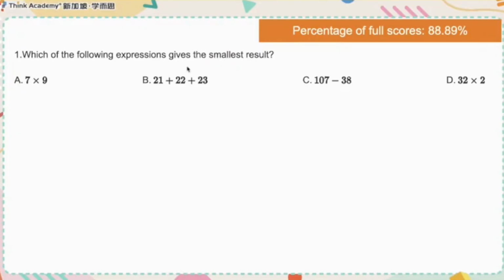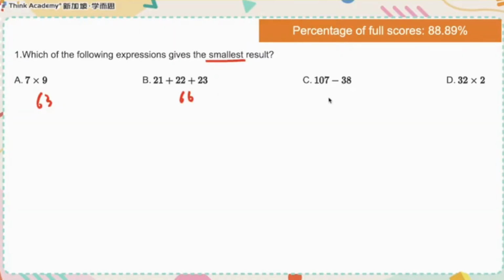If you are very familiar with the times table, with the addition calculation, for example, you can see which one is the smallest, then we can just calculate each one. For example, you can type in your chat box, 7 times 9, what is the answer? 63, right? Not hard. Then the second one, 21 plus 22 plus 23, that will be 66.